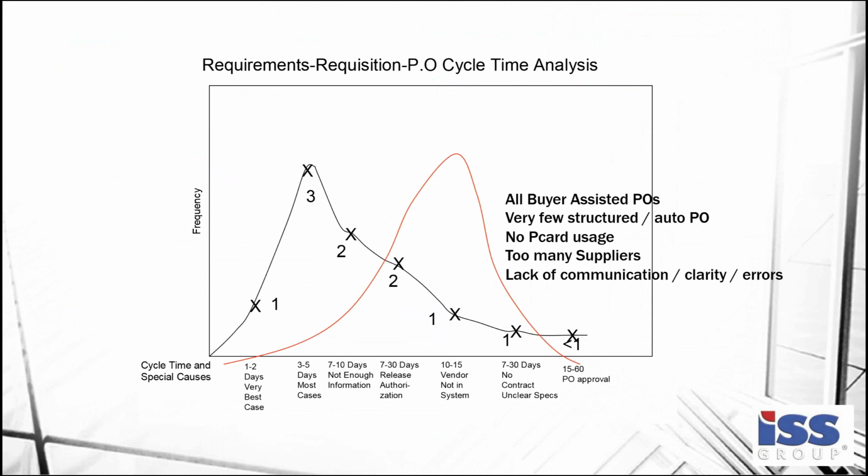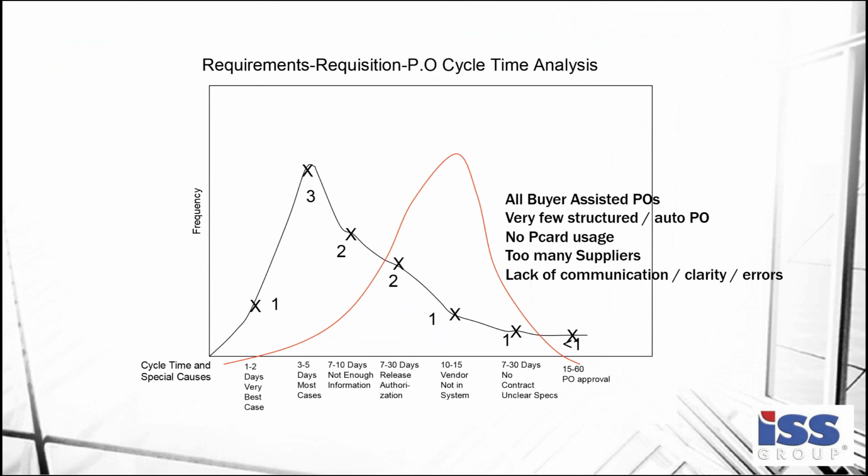And so let's just review the red histogram, the red graph. You can see the 1 to 2 days, very best case, that doesn't exist on the red graph. 3 to 5 days, very few ever come in at that. Very few. And when you look at the black graph, you can see that is the average.